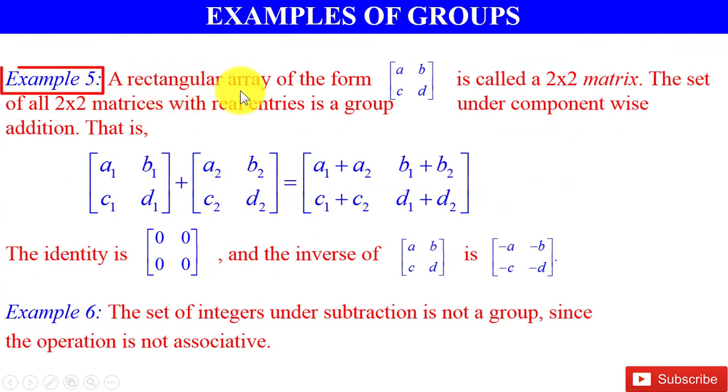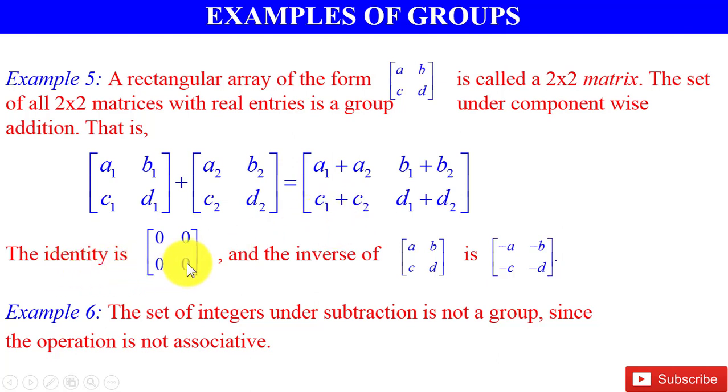Example 5. A rectangular array of the form A, B, C, D is called a 2 by 2 matrix. The set of all 2 by 2 matrices with real entries is a group under component wise addition, that is A1, B1, C1, D1 plus A2, B2, C2, D2 is equal to A1 plus A2, B1 plus B2, C1 plus C2 and D1 plus D2.